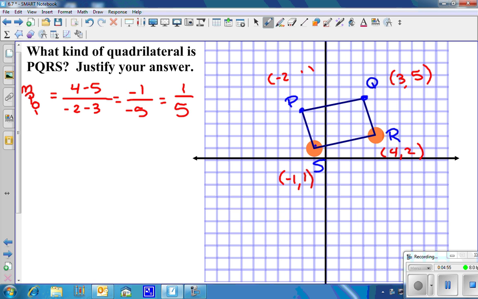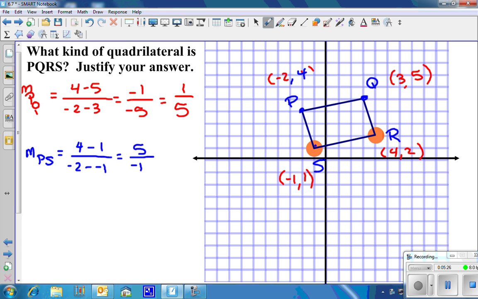So let's do the slope of PS. All right, so for P to S, I had 4 minus 1 over -2 minus -1. So I got 5 over -1, which if I reduce that down, that's -5. But what I'm looking for is the slopes.